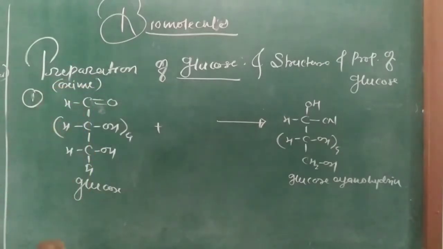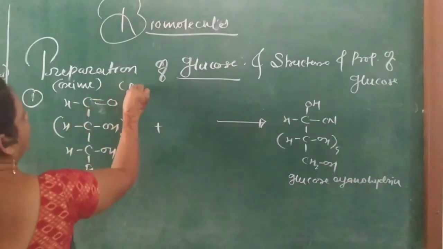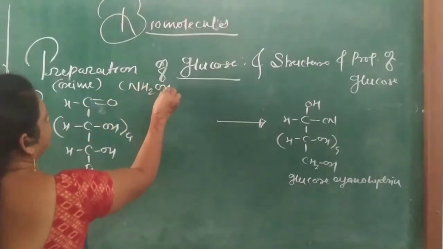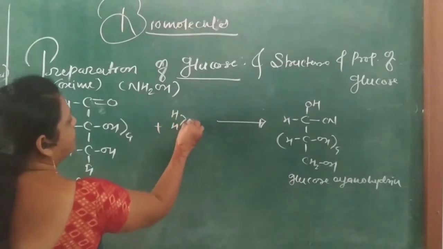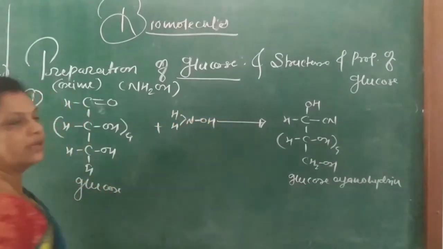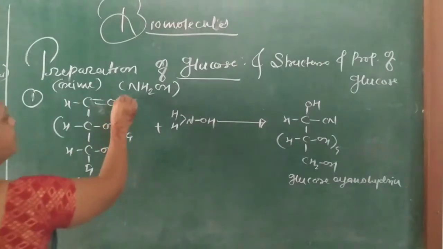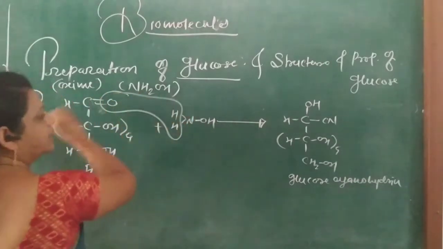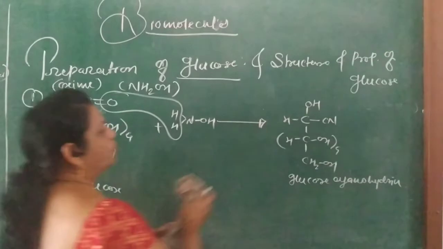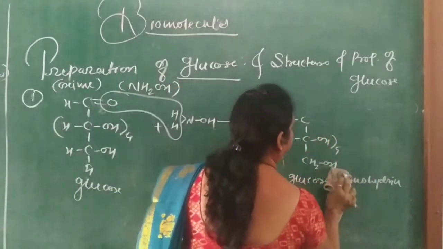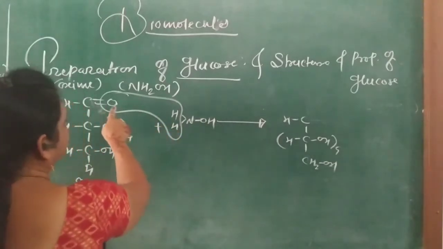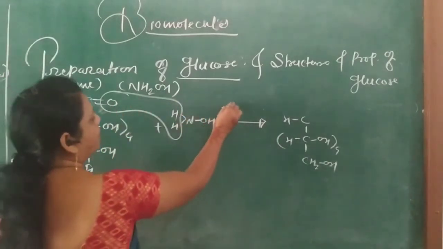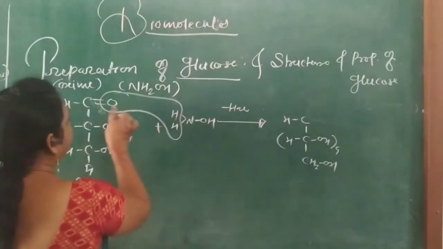Okay, means formation of oxime, and here hydroxylamine, means action of NH2OH. This NH2OH can be written as NH2 and this is OH. Now this O combines with these 2 hydrogen, minus H2O, and NOH combined here.